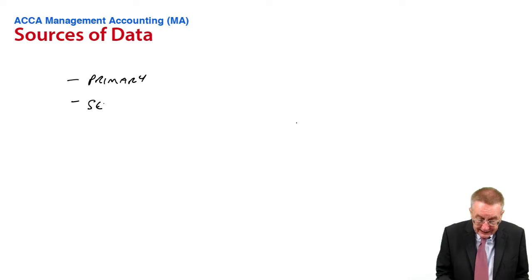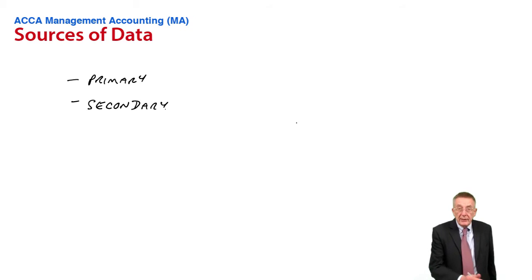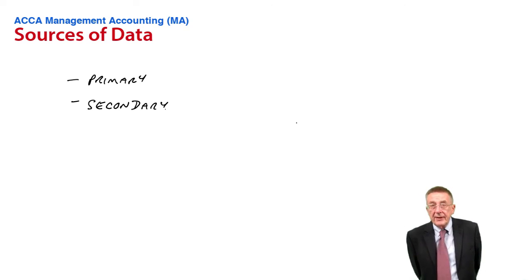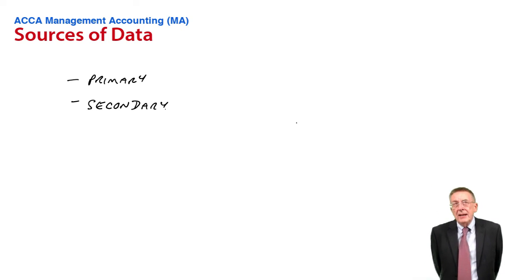and secondary sources of data. And I won't write the full definition down, it's there in front of you, but primary data are data that's been collected for a specific purpose.